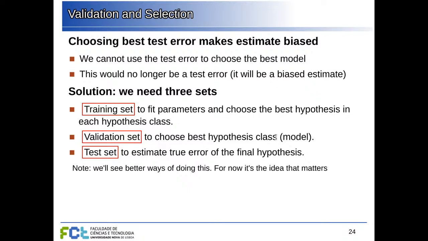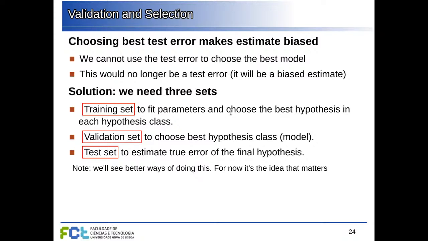We're going to use three sets of data. We use the training set to adjust the parameters. We need this because we need to minimize some loss function, for example, the quadratic error, in order to find the best hypothesis that the model can give us.